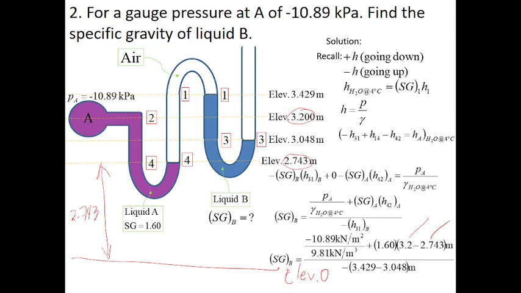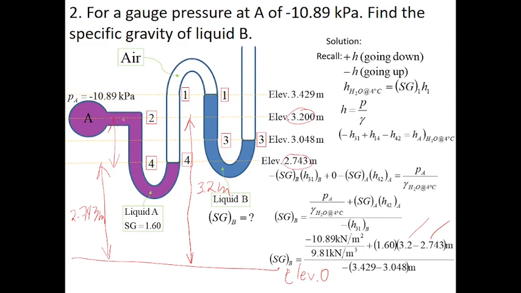Then this height is 3.2 meters. That's why we get the difference, 3.2 minus 2.743, to obtain this height.